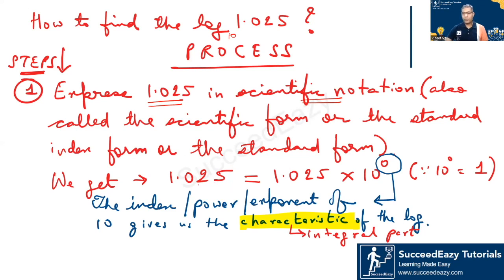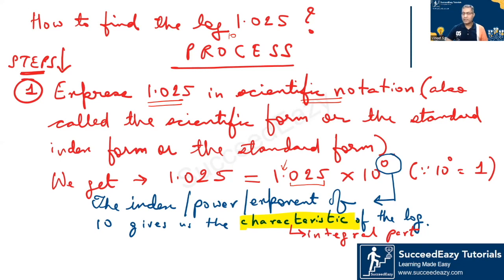So 1.025, you express that as 1.025 times 10 to the power 0, because 10 to the power 0 is 1. I had to put this in terms of a power of 10. 1.025 already has a decimal after the first digit, and everything else is expressed as a decimal part. So I did not need to multiply it by 10 raised to any power other than 0, because that would have changed the value.